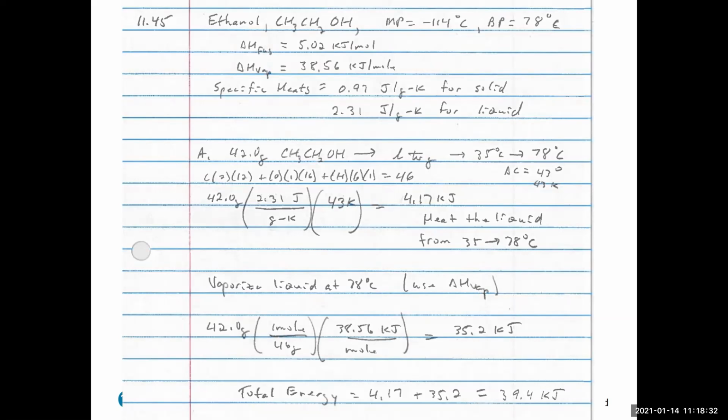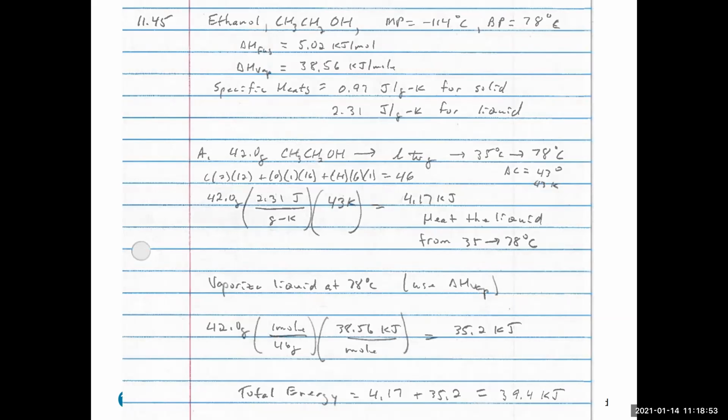So that's why I went ahead and generated my delta T value and my molecular weight, because I'm thinking I'm probably going to need those at some point. So that first energy transition that I have, that's going from 35 to 78 degrees.